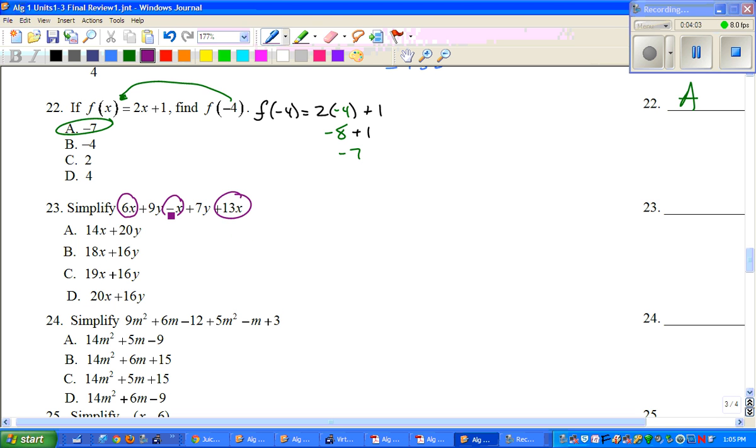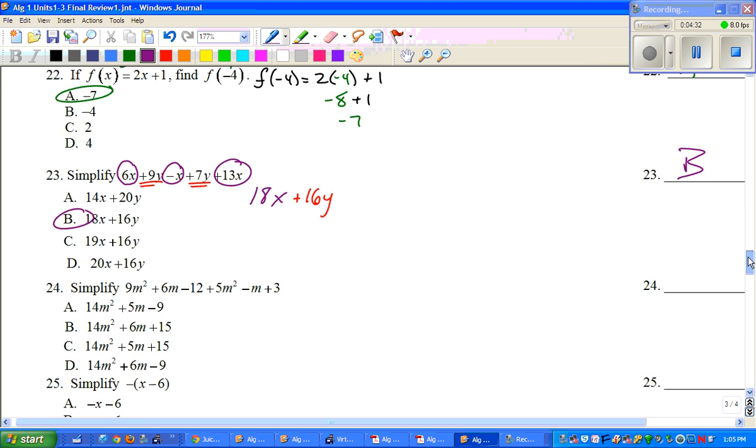So 6 minus 1 plus 13. 6 minus 1 is 5. 5 plus 13 is 18. Okay, and now let's look at the y's. We got 9y and 7y combined together gives you 16y. So 18x plus 16y, B.